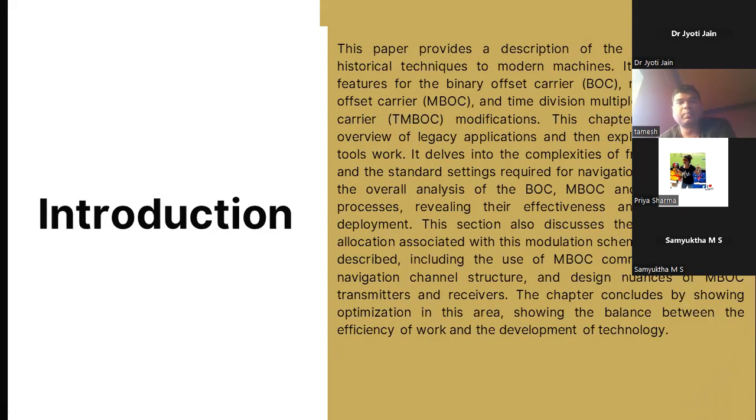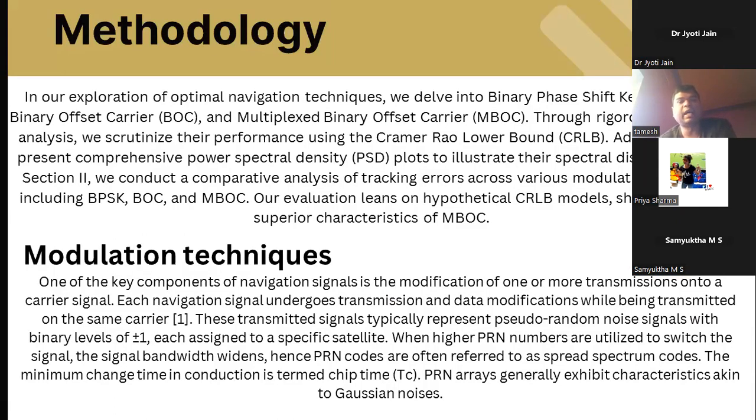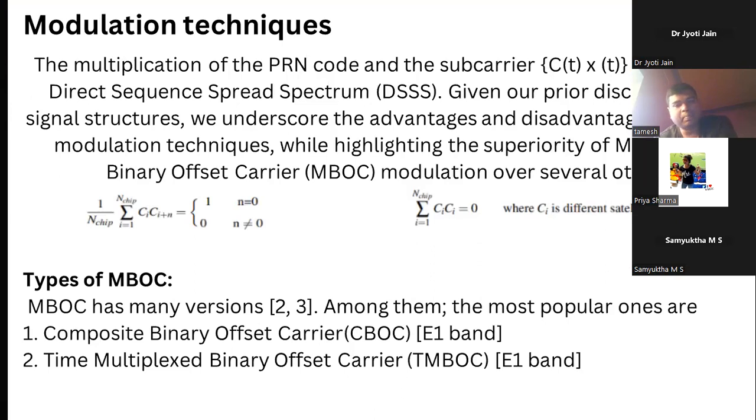Because it has time multiplexing, a few code combinations are there, but here the modulation technique is based on the multiplex binary offset carrier. Why is it called binary offset carrier? We had BPSK in our college, where the CDMA signal is multiplied with the carrier frequency.